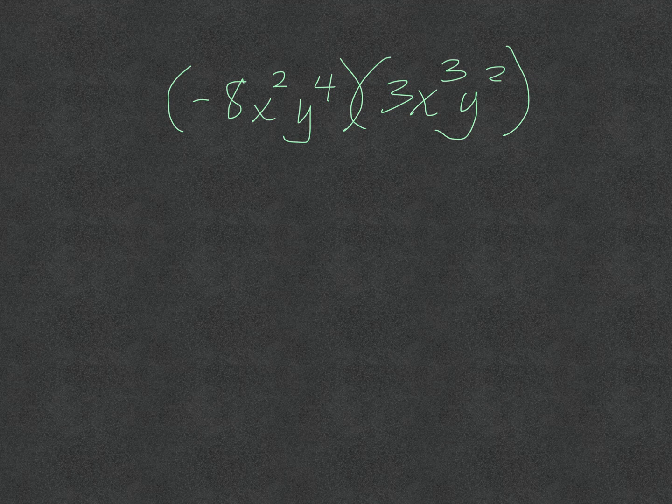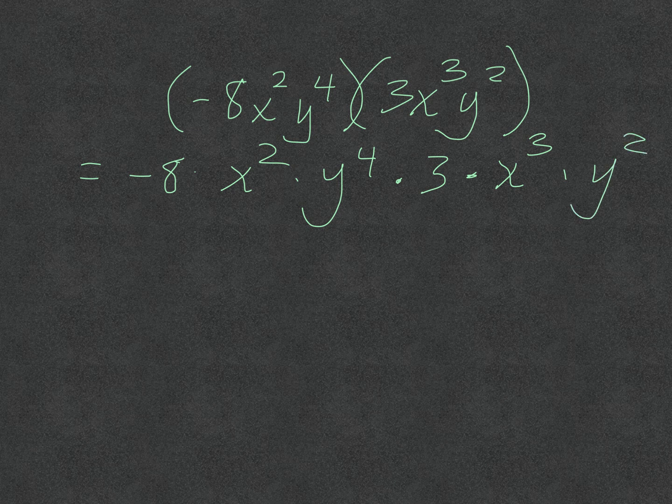So when I look at this and I multiply this, I can understand this as saying negative 8 times x squared times y to the fourth times 3 times x cubed times y squared. Okay?